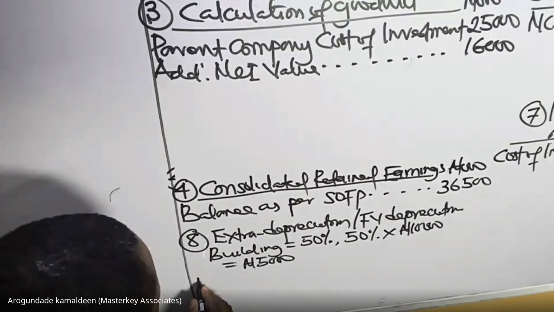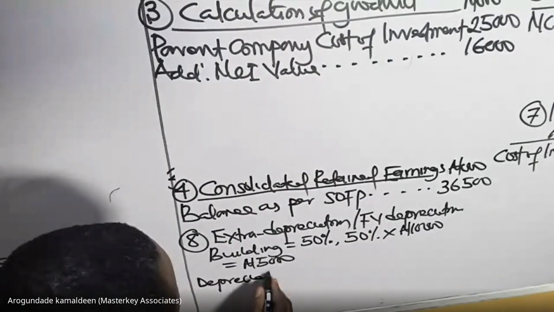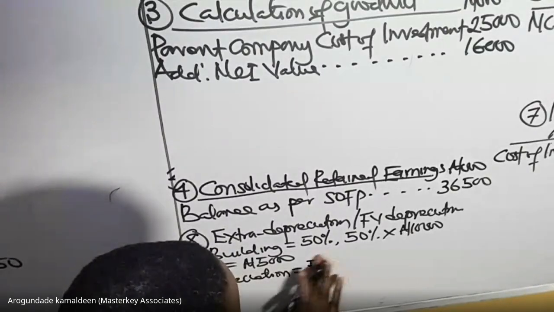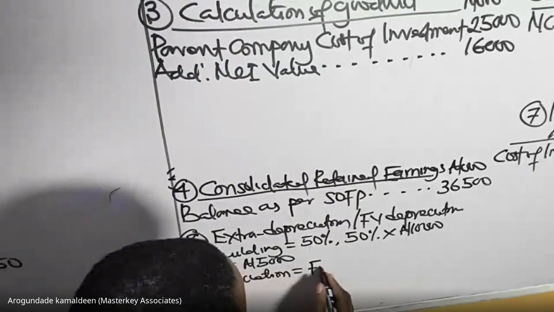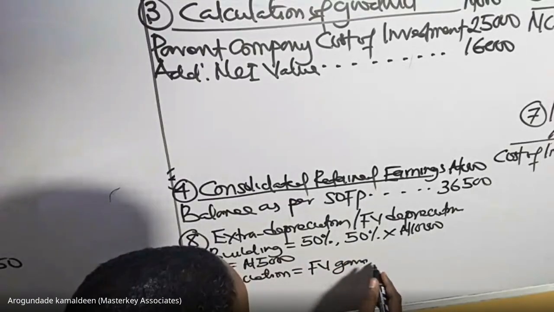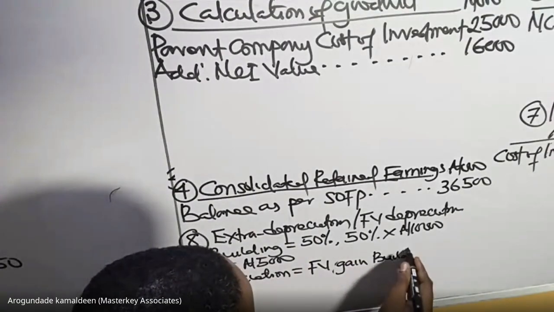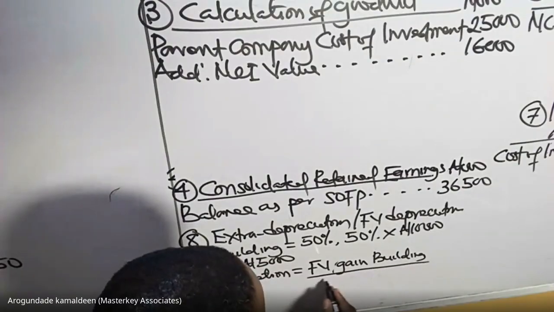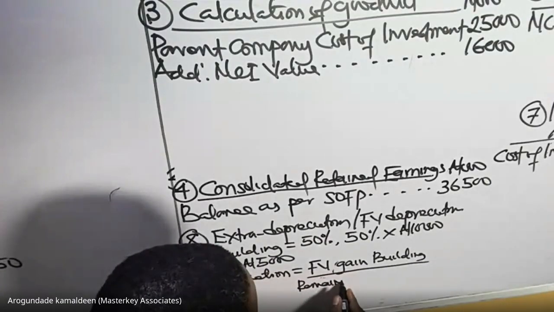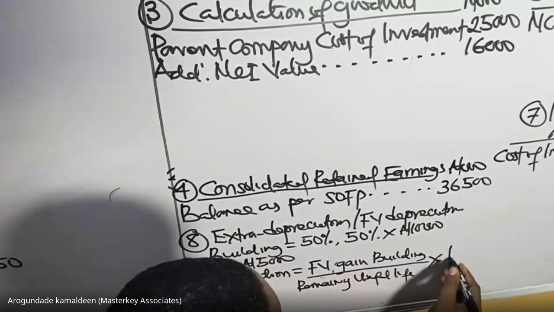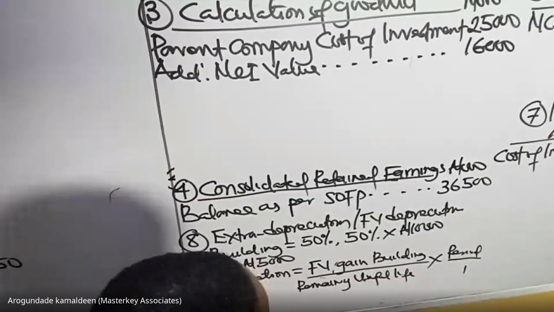Therefore, depreciation is the fair value gain on the building only, over the remaining useful life, times the period.